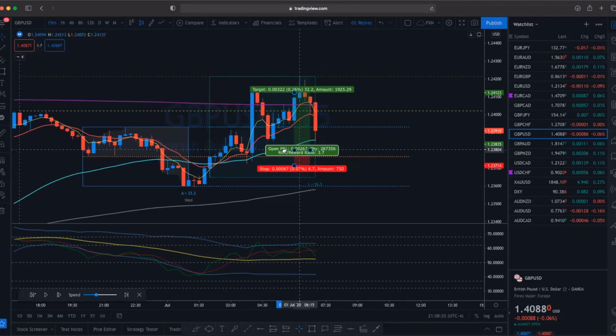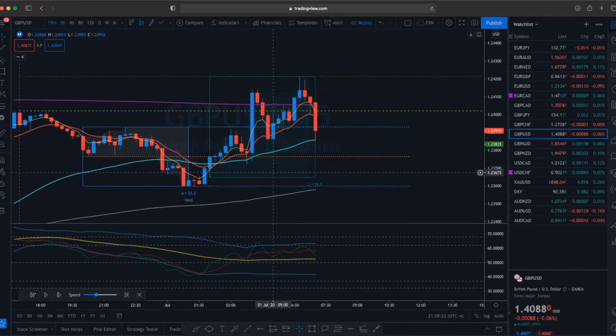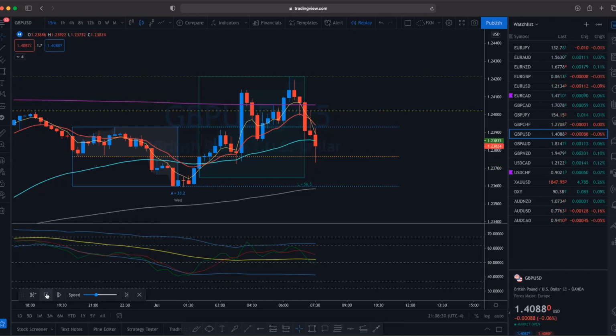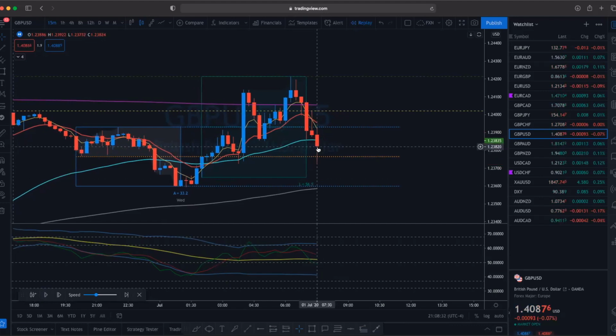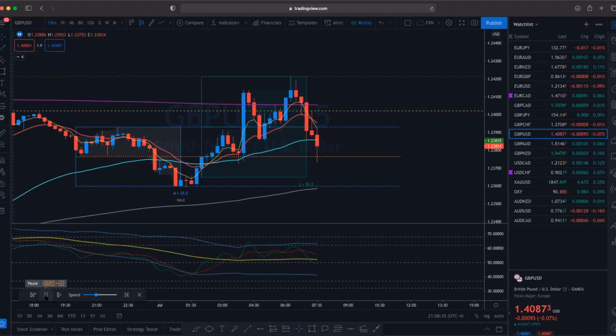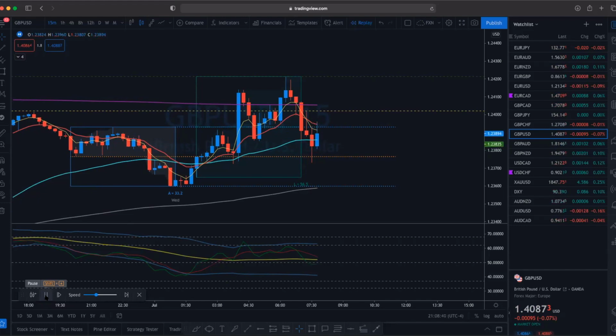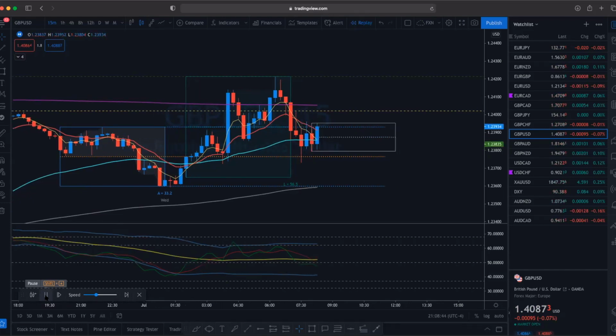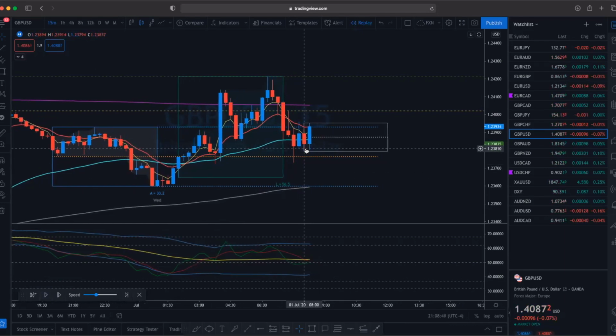Where this is going here, let's say you don't even take that entry, maybe you get a second opportunity here in the U.S. session. Look at that. There's your second entry.